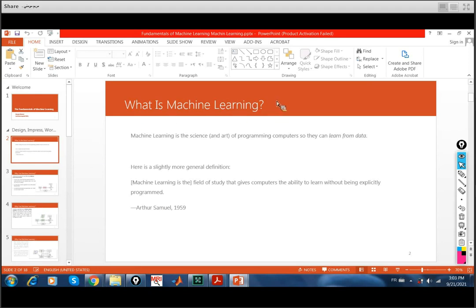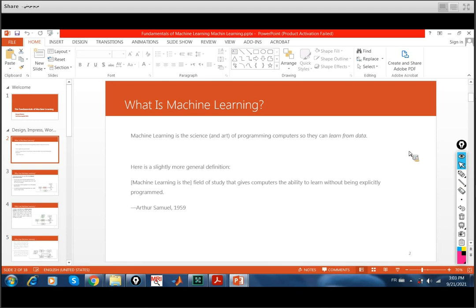Now we want to know what machine learning is. As you know, when we want to analyze data, we have different methods.